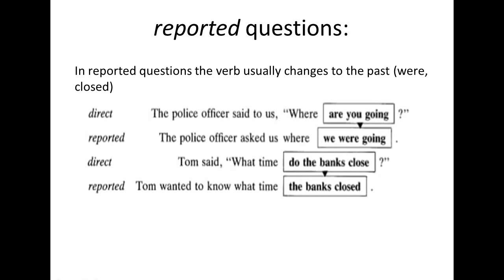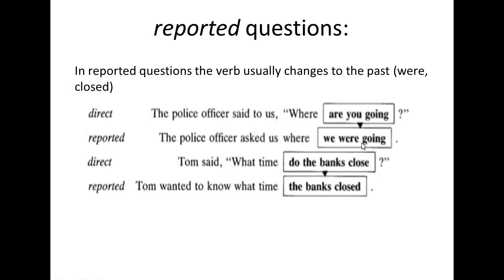Okay, so here we have the direct: the police officer said to us, "Where are you going?" If we want to report this: the police officer asked us where we were going.